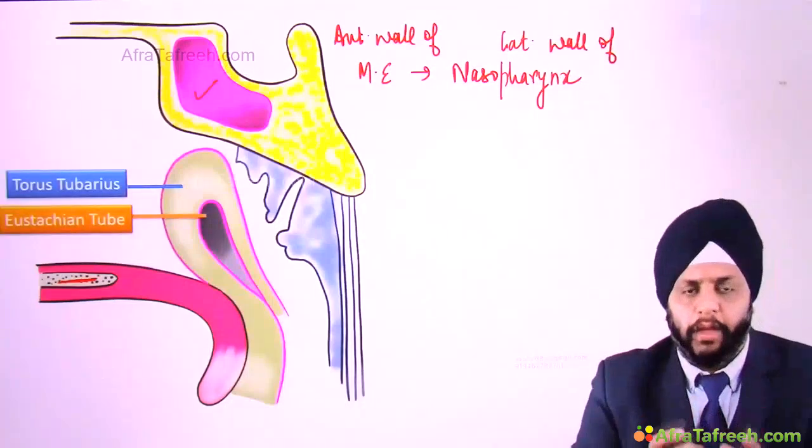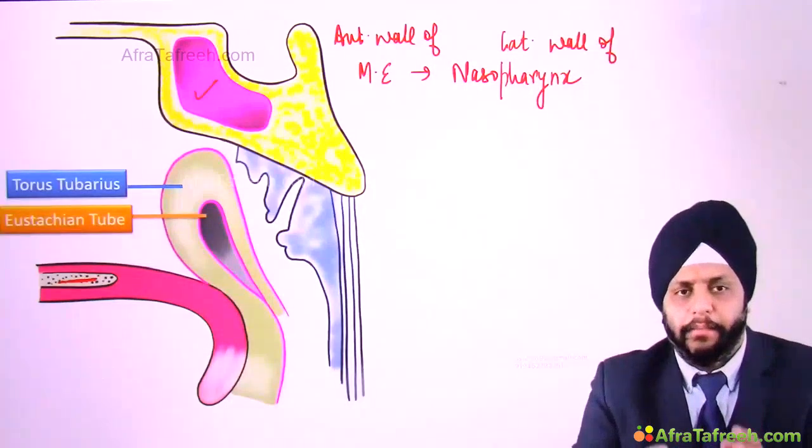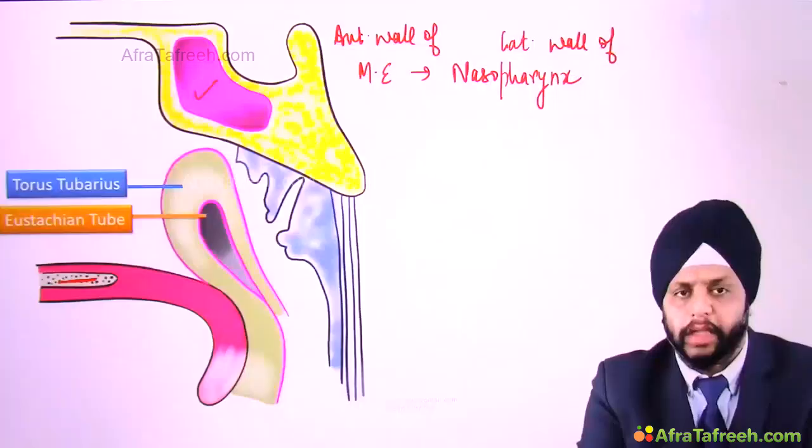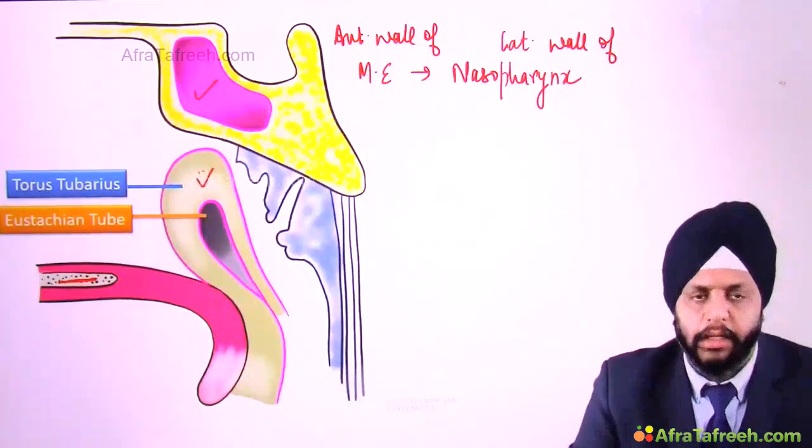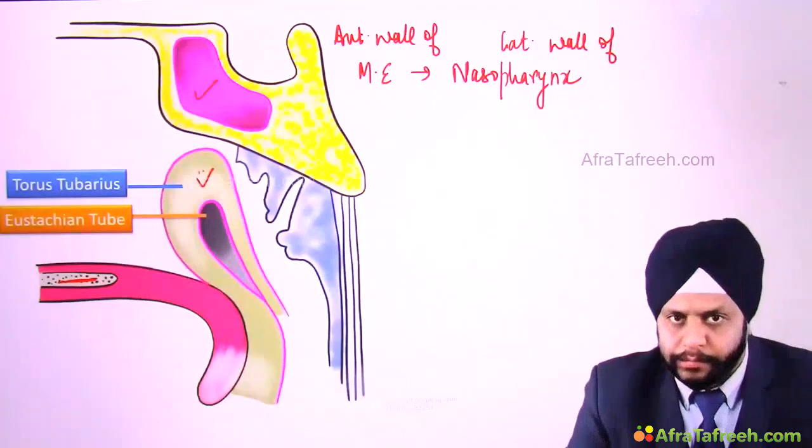So what is torus tubarius? Torus tubarius is the bulge of the cartilaginous end of the eustachian tube in the lateral wall of the nasopharynx. This bulge over here is known as torus tubarius.